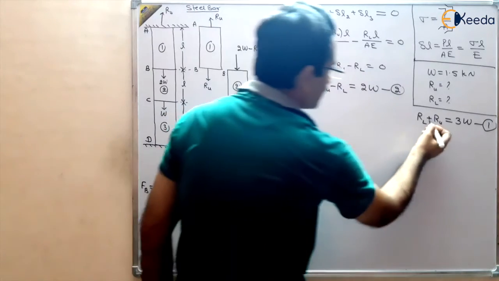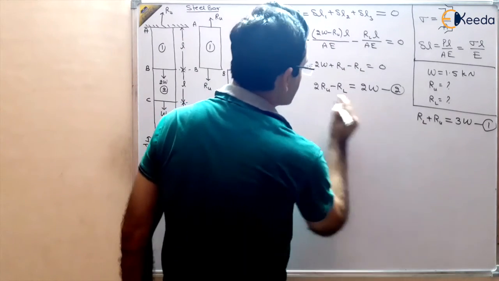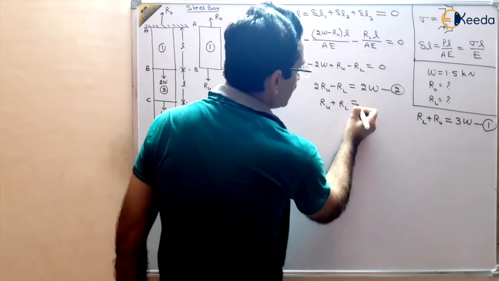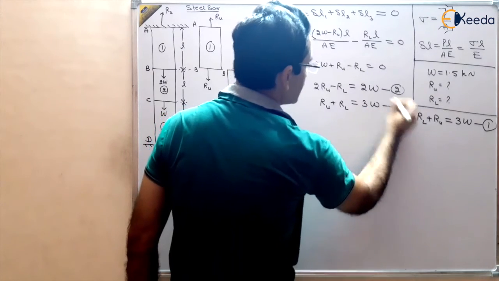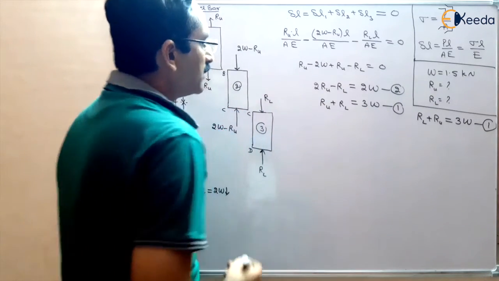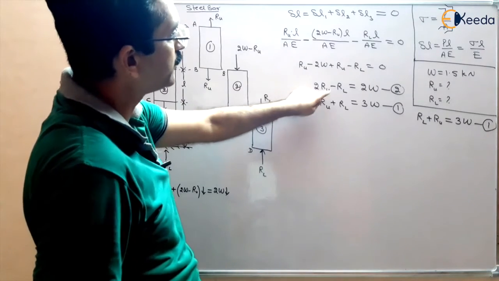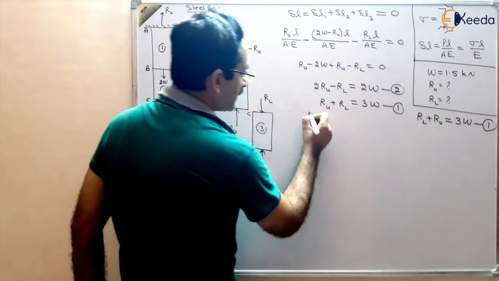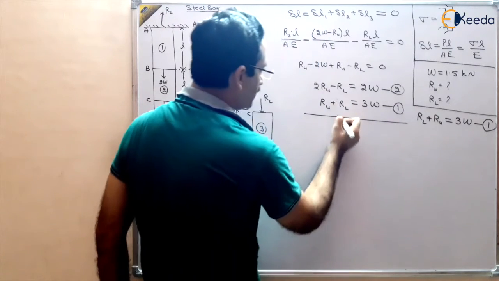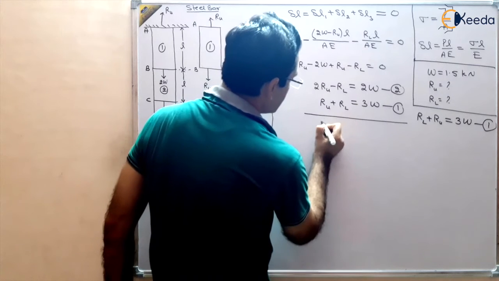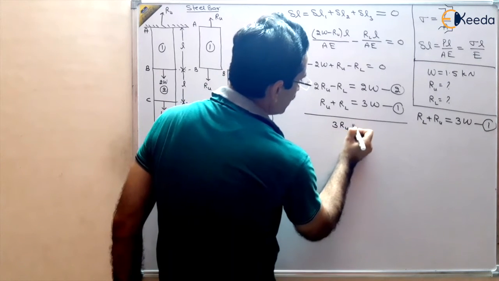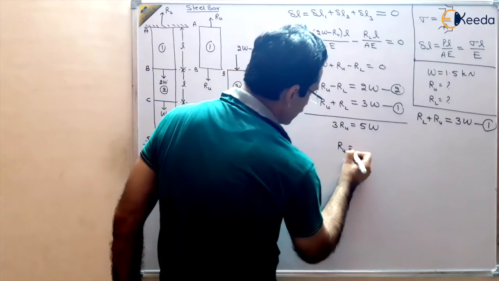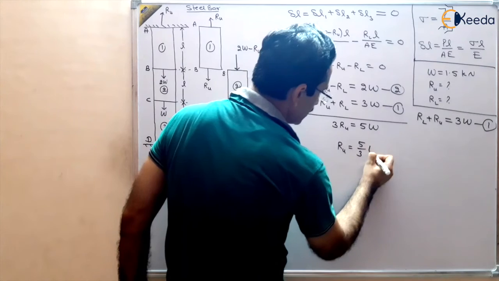So this was the first equation, that RU plus RL must be equal to 3W, and this is our second equation. Two unknowns are there, RU and RL, and that can be solved very easily. So adding 1 and 2, what we will get is 3RU will be equal to 5W, or RU will be equal to 5 by 3W.